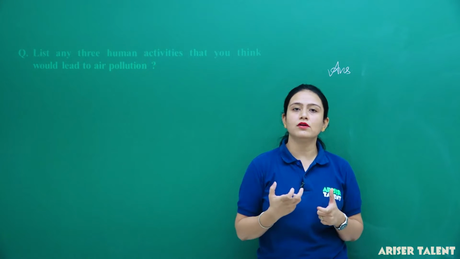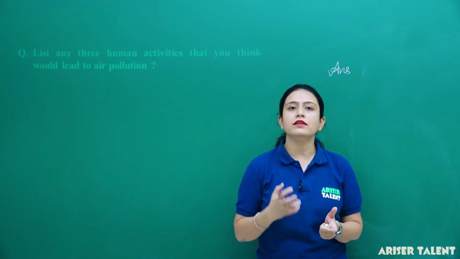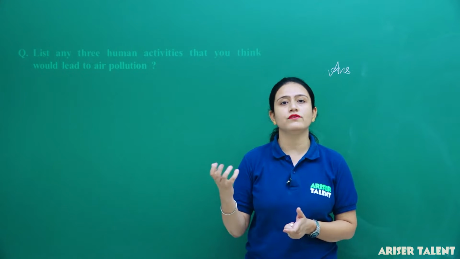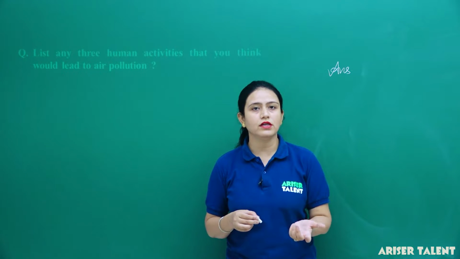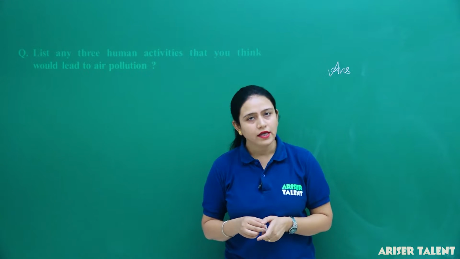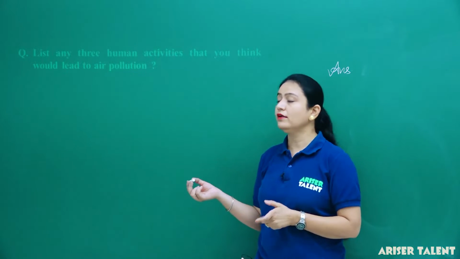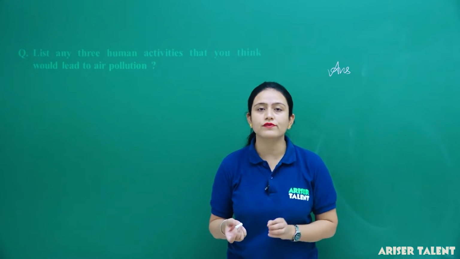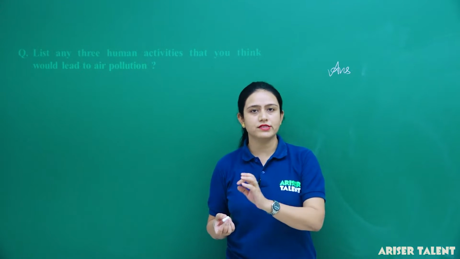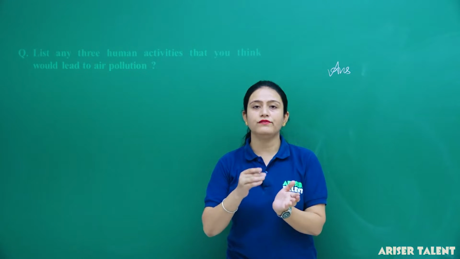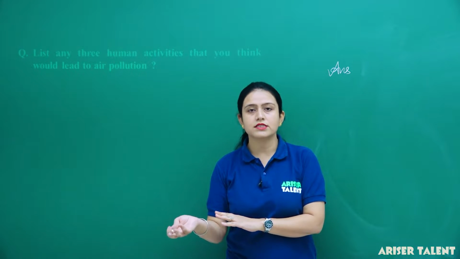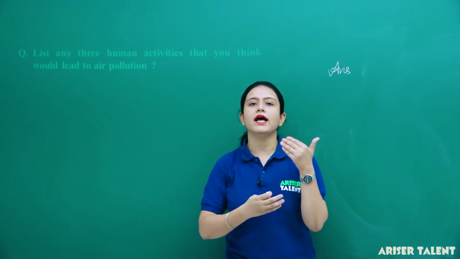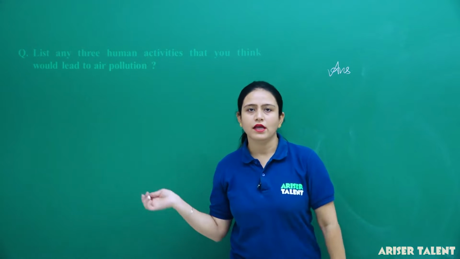So if a large number of plants are cut down, then the amount of carbon dioxide, which is very harmful for the atmosphere and for living organisms, will increase and cause air pollution. Besides it, continuous burning of fossil fuels in homes, industries, etc., and burning of fossil fuels in agricultural activities also. So these are the activities which can cause air pollution.